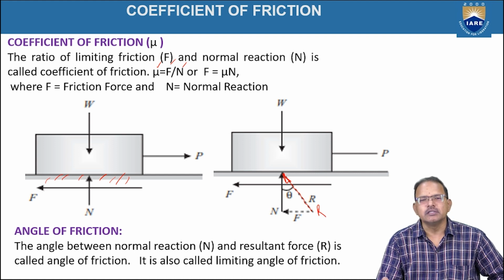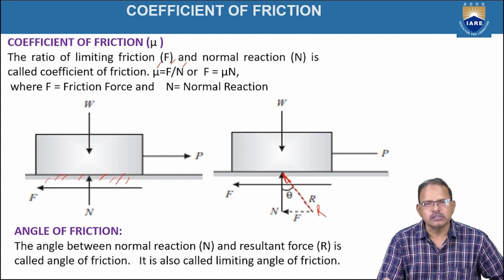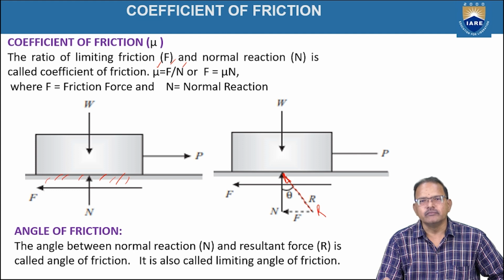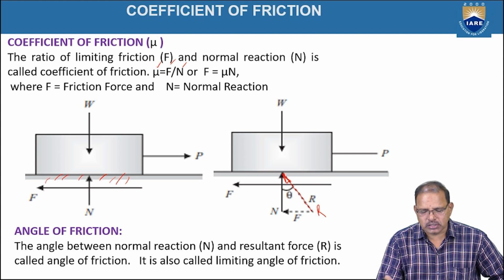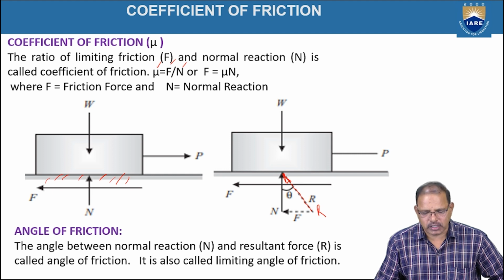The angle of friction is defined as the angle made by the resultant of friction force and normal reaction with the normal reaction, or in other words, it is the angle between R and N, where R is the resultant of friction force and normal reaction, F is the friction force, and N is the normal reaction.